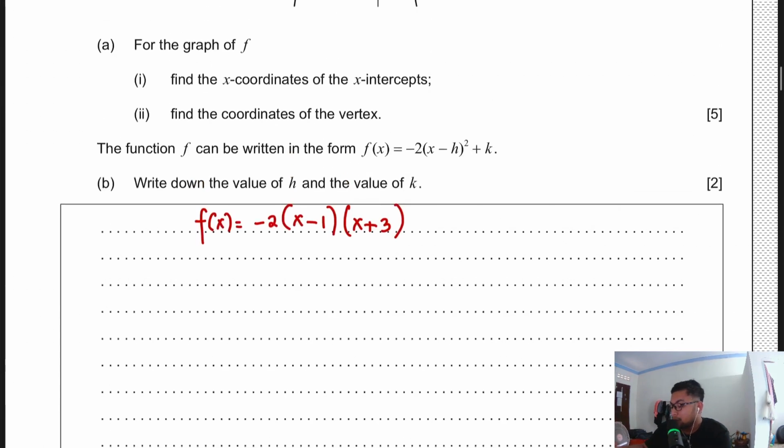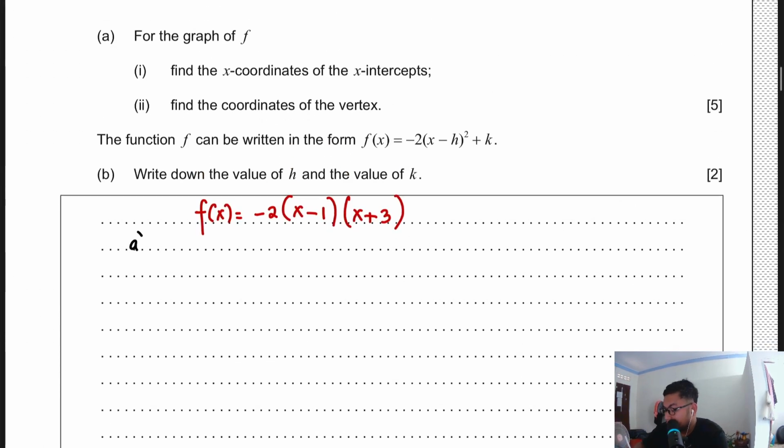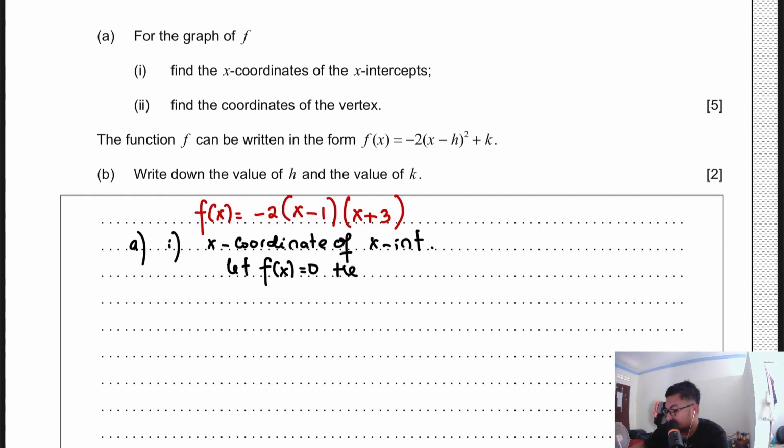Okay, so here for part A, part I, the x coordinate, right? Coordinate of x-intercept. So you can just let f of x equal to 0. Then you're going to get x minus 1, x plus 3 equal to 0, right?